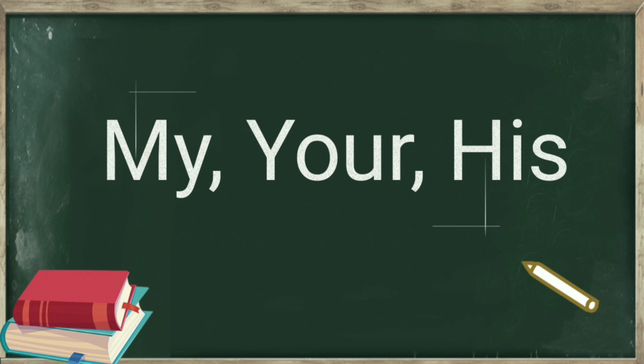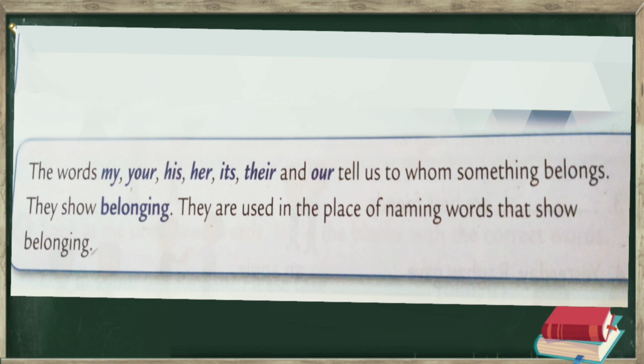When do we use these type of words? The words my, your, his, her, its, their and our tell us to whom something belongs. They show belonging. They are used in the place of naming words that show belonging.